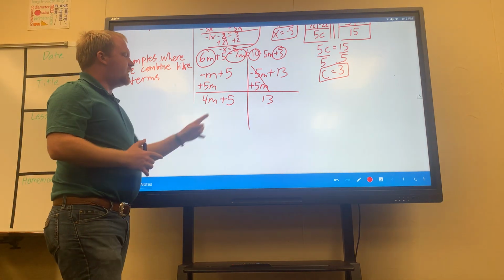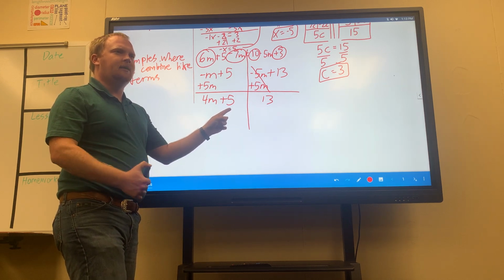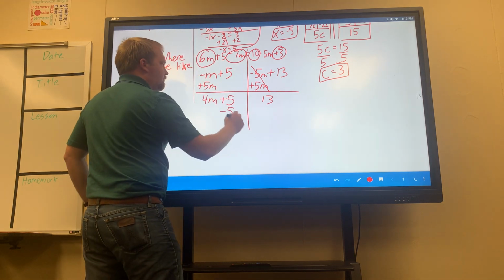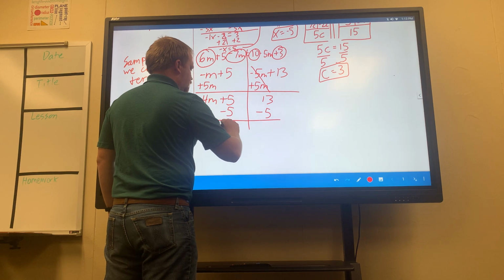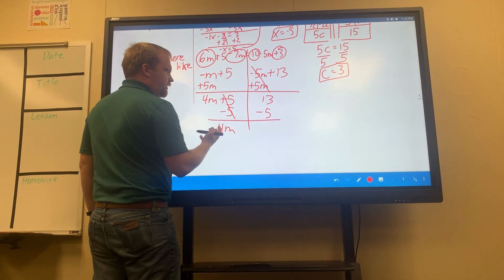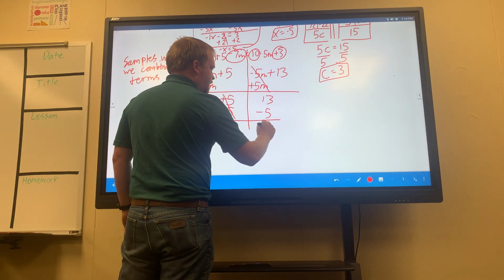Next, I have to subtract this 5, because the inverse, the opposite of addition, is subtraction. So I'm going to subtract 5 from both sides. So 4m is what's left on the left side, because they cancel out. 13 minus 5 gives me a positive 8.